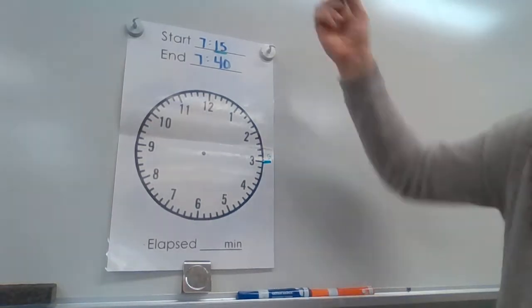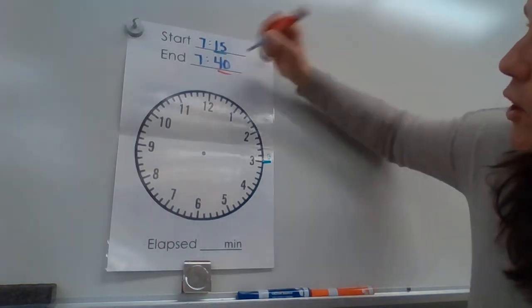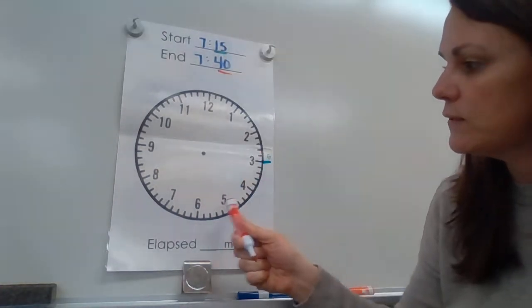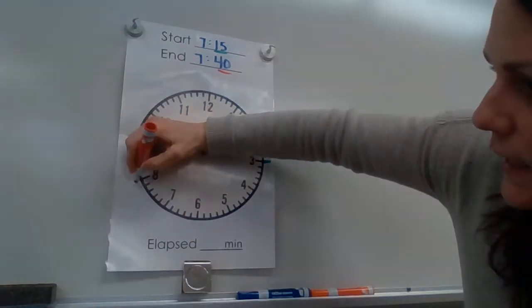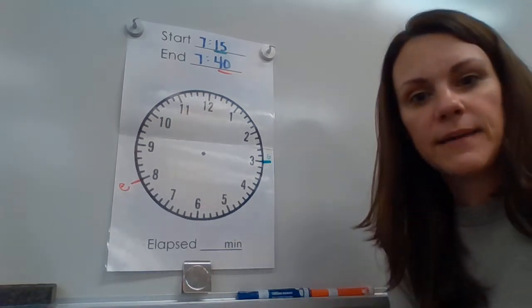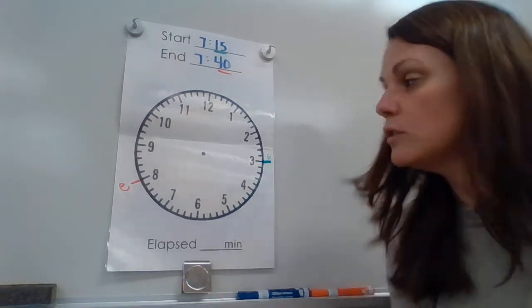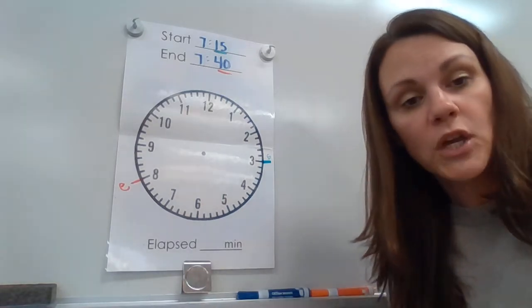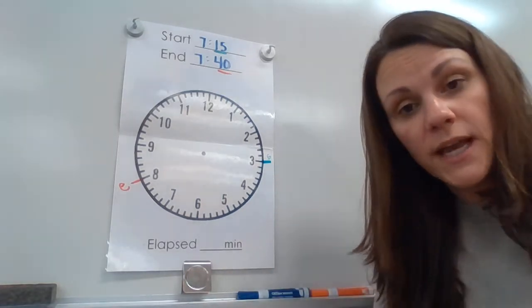That's my end time. And I'm marking where 40 lands on the clock. 5, 10, 15, 20, 25, 30, 35, 40. There's my end time. It's so important to mark start times and end times so that when you start doing your jumpity bumps, you know where to start and when to stop.